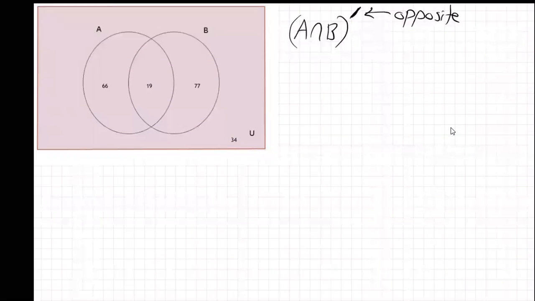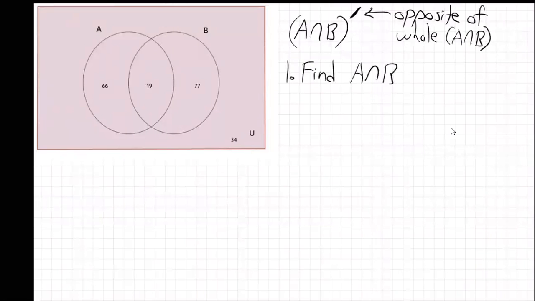But this one is the opposite of the whole A overlap B. So step number one, you've got to find the A overlap B, just like in your algebra days, you start with the parentheses. Then on step two, we'll take the opposite. That'll be the end of the problem. We've got to first find the A overlap B, and at the very end, take the opposite.